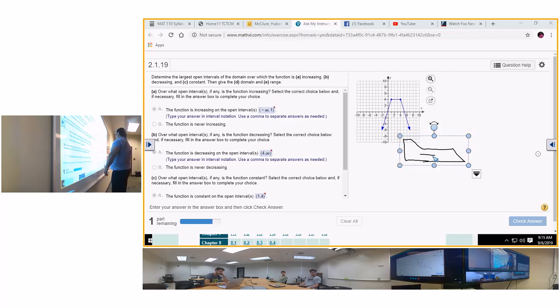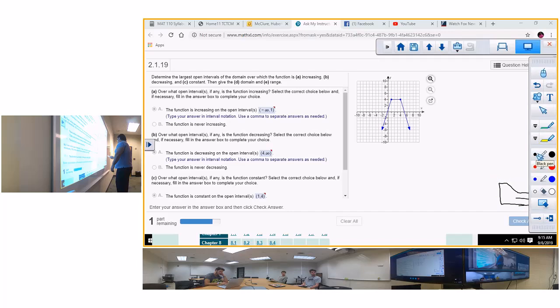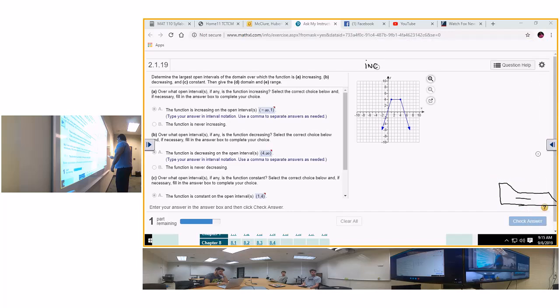Okay, so at that point, we pull our plane over here, and we know that in our x values, we're increasing, we're constant, and we're decreasing. Now remember, the range is the only thing that's in terms of y.